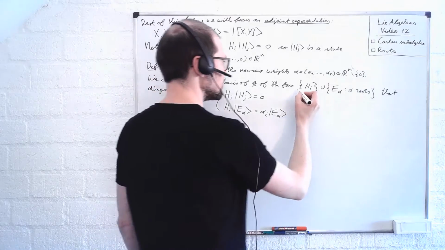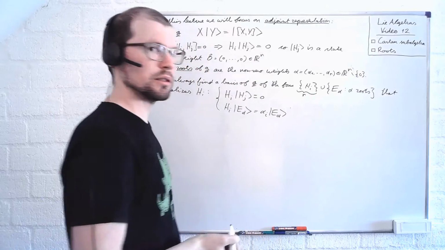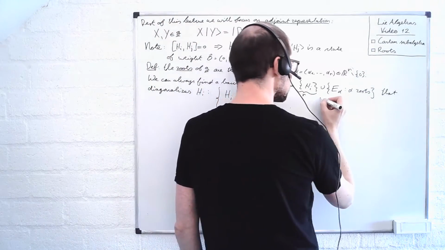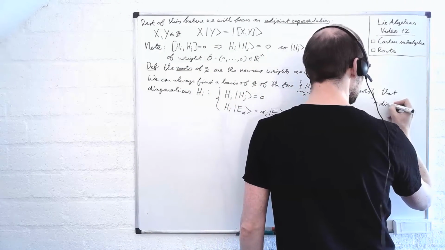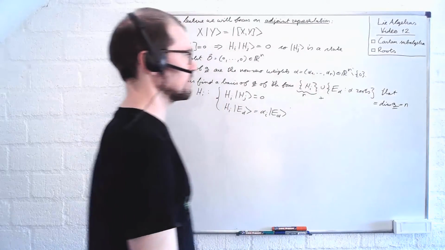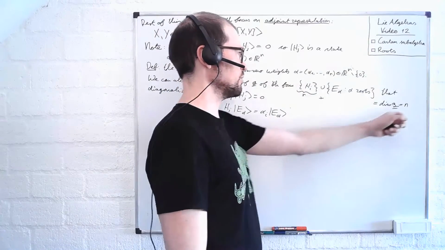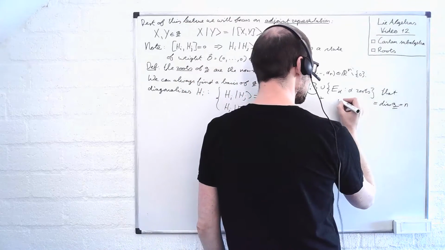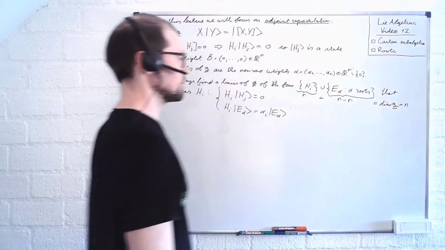So we said that there are r of these, but we also know that the dimension of the Lie algebra, let's denote that by n. Well, if this is a basis, then there have to be exactly n basis vectors. So there will be exactly n minus r roots.